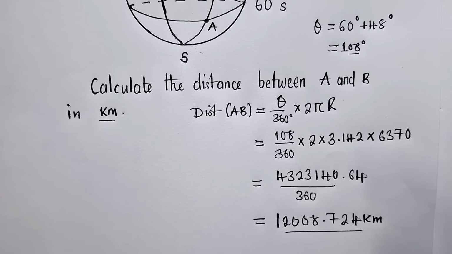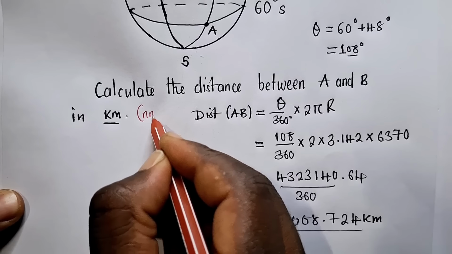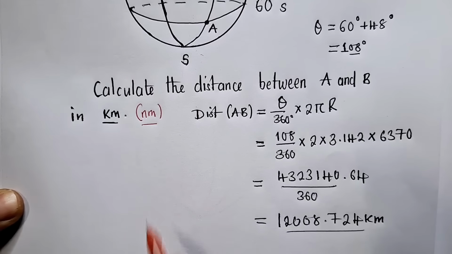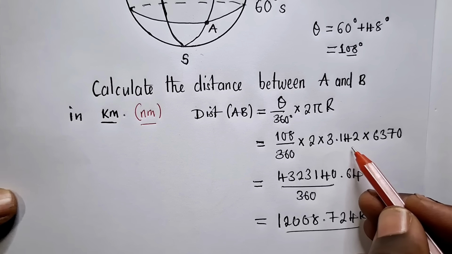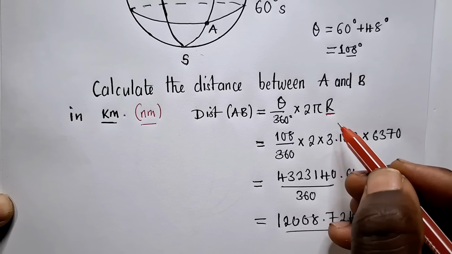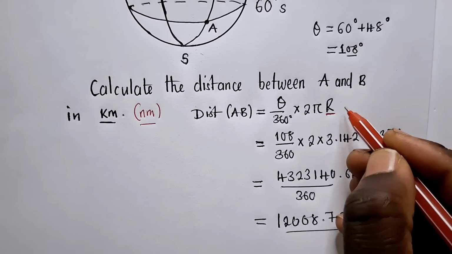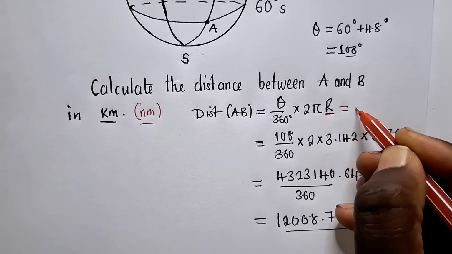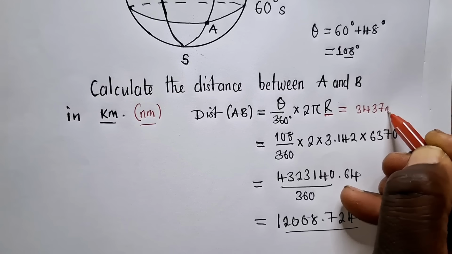So here, sometimes they may say your answer must be in nautical miles. If it's in nautical miles, you do the same procedure. The only difference that will be there is here on R. They'll give you the value of R in nautical miles. So the value of R here in nautical miles will be equal to 3437 nm.